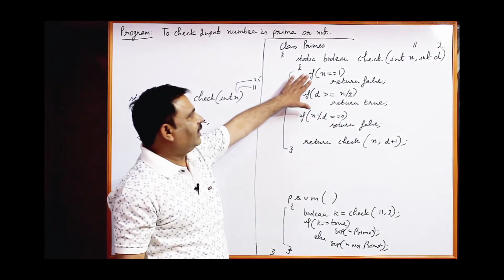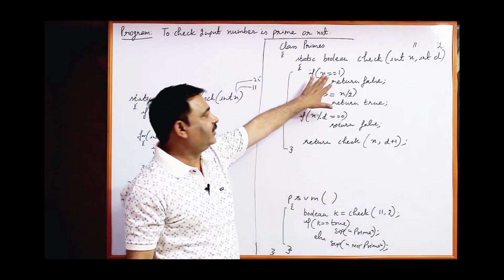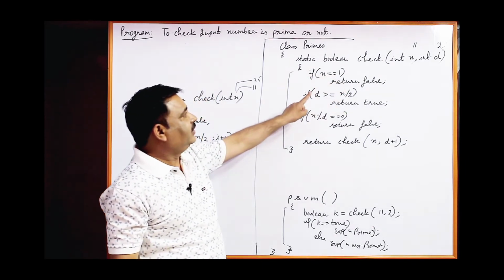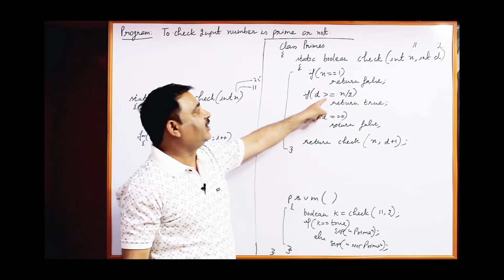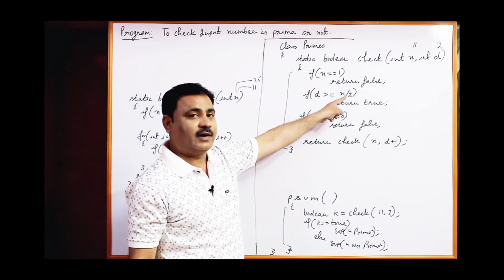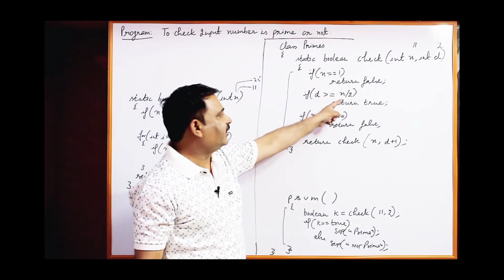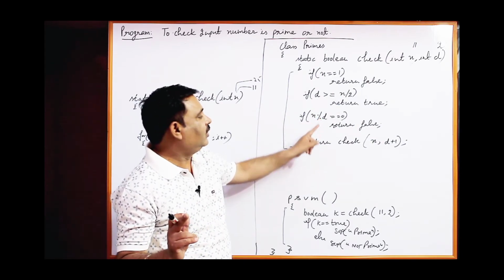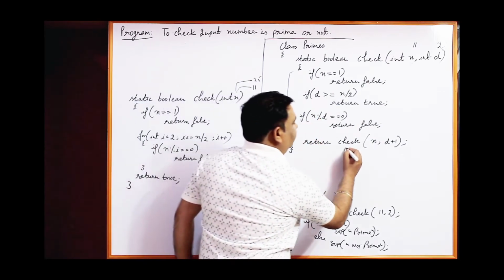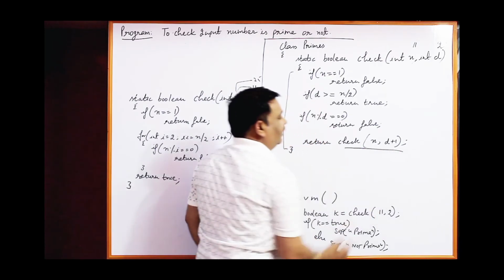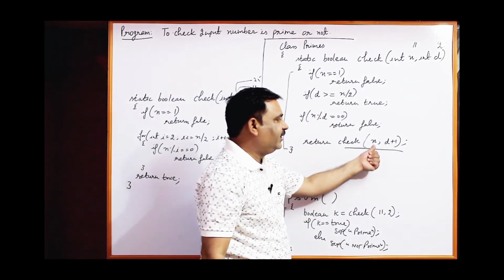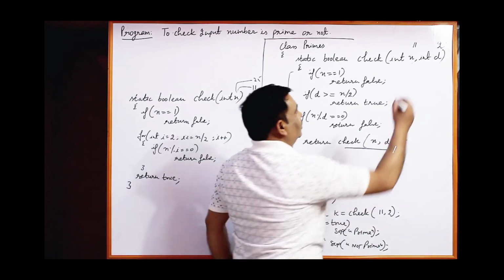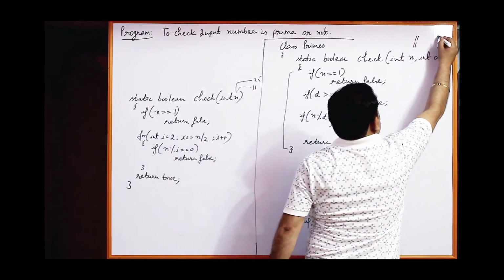So first of all, n is not 1, so return false will not execute. Next, d, divisor, 2 is greater than the half of 11? 11 of half is 5. 2 is not greater. So 11 is divided by 2? No. Now come here and the recursive function will be called from here by passing the same number 11, but 2 plus 1, 3. So in second call, it will be 11, 3.